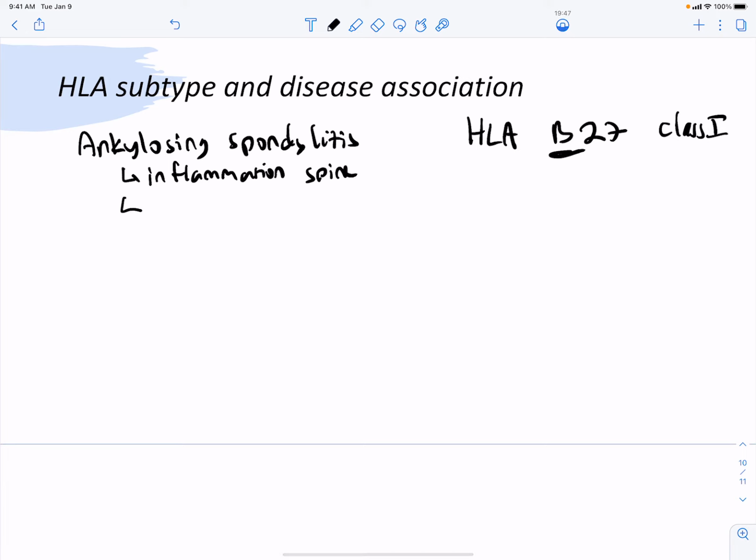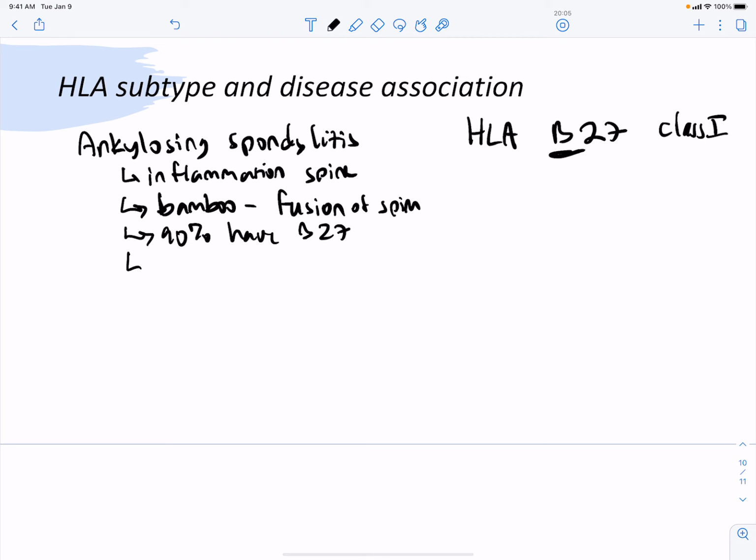And this causes a bamboo effect as you have fusion of the spine. Now, 90% of those that present with the disease have the B27, but only 2% of B27 positives have disease. So it's associated, but not necessarily causative.